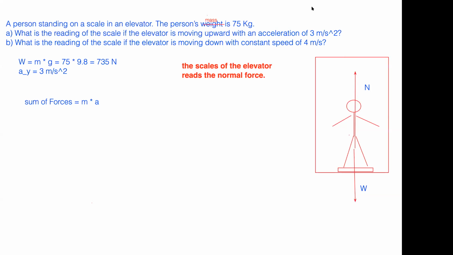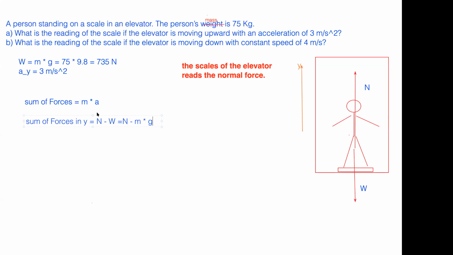The normal force, which is in the positive direction of the y, and the weight, which is in the negative direction, so it will have a negative sign, and it's a W. If we want to break it down a little bit more, it will be the normal force minus m times g, because that's the breakdown of the weight.